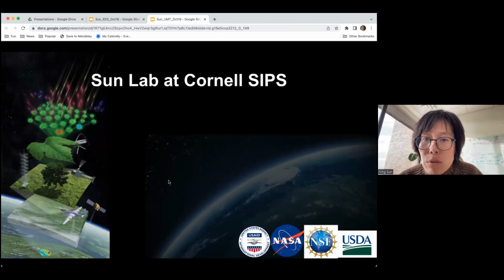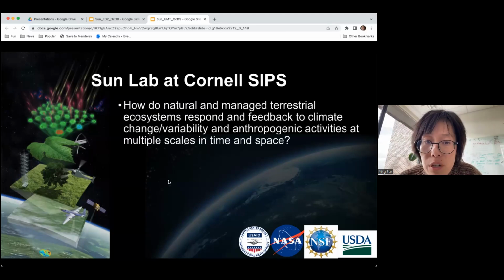So first of all, I would like to briefly introduce the overarching questions that my lab is currently pursuing. First, we would like to understand the mechanisms that control the interaction and feedbacks between the land and the atmosphere. For the land, we work on both natural and managed ecosystems.